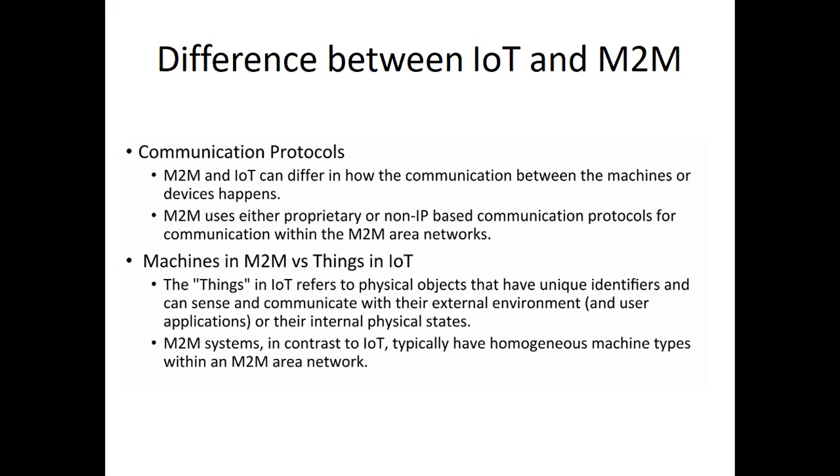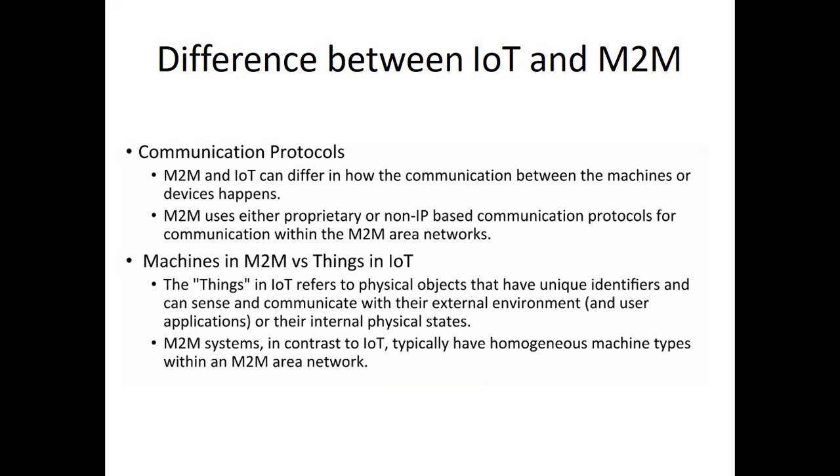In M2M and IoT, how the communication between machines is going on is different. In M2M communication, the M2M area network communicates either with non-IP based communication protocols or proprietary communication protocols. But in case of IoT, this is not necessary.